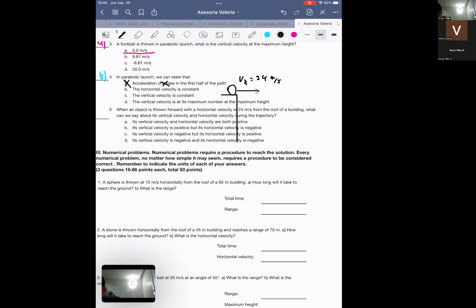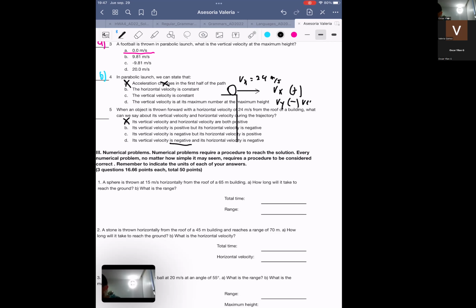Okay, let's read them. Letter A. Its vertical velocity and horizontal velocity are both positive. First of all, Vx, what sign do you think that it has? Positive, right? And Vy, which sign? Negative. Perfect. So we can skip this one and say this one. It says its vertical velocity is negative.